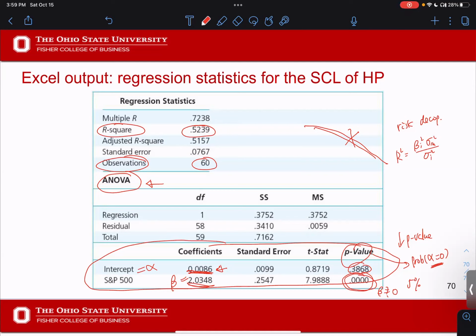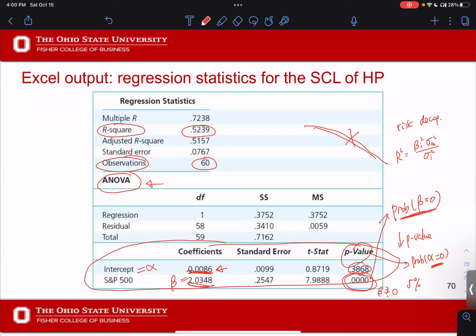Oh, so that means it is very likely the p-value of beta is going to be 0. Okay, there are two things. The p-value for beta is the probability if beta equals 0. That is the meaning of the p-value.